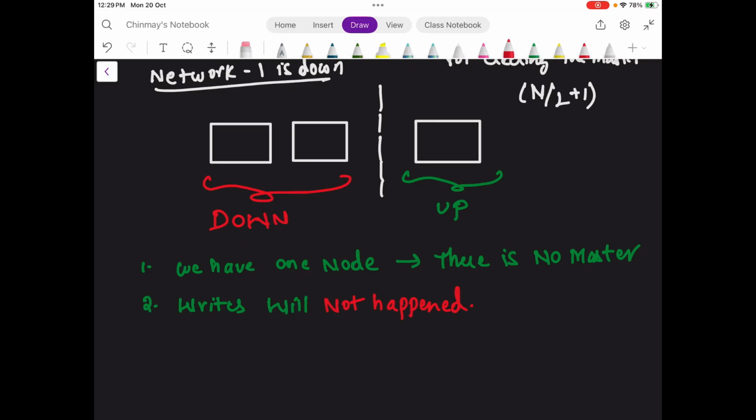What is compromised here? Availability is compromised. Will the reads happen? Yes, this is 1 node which is available. Reads will happen from this. Only reads happen.